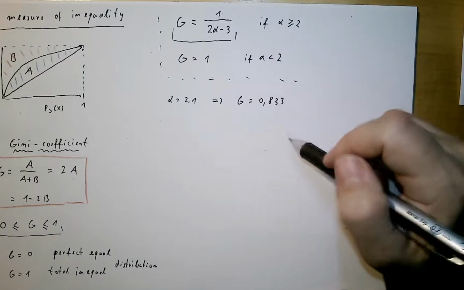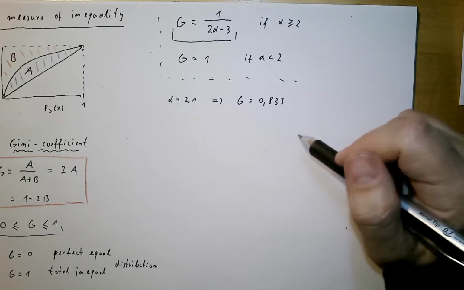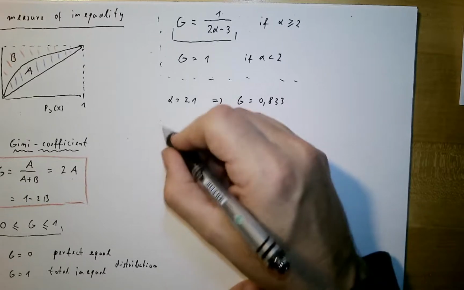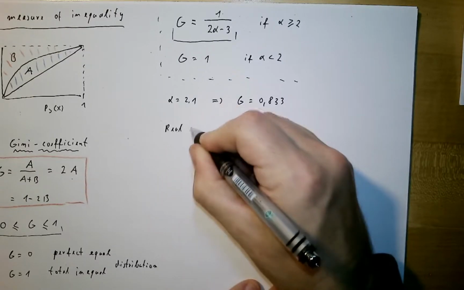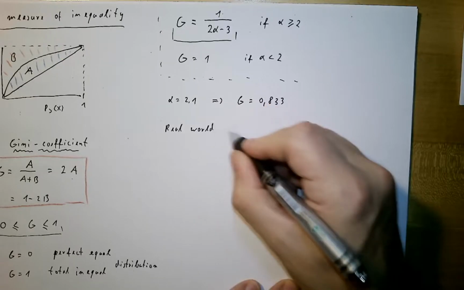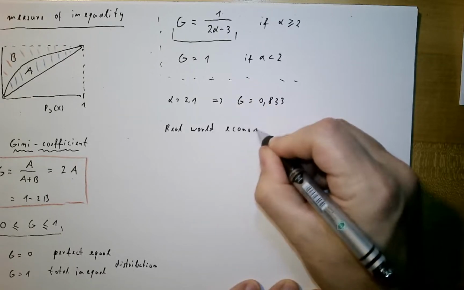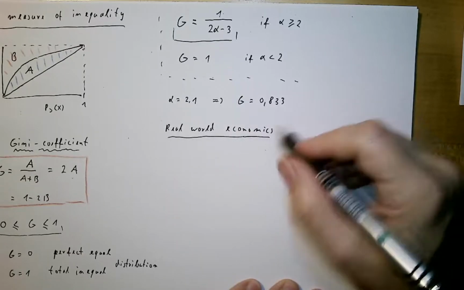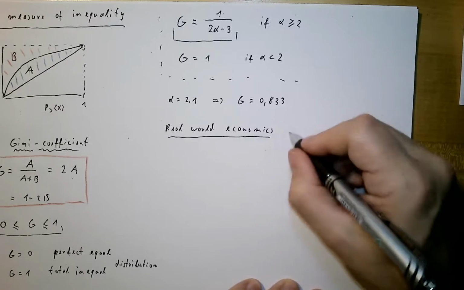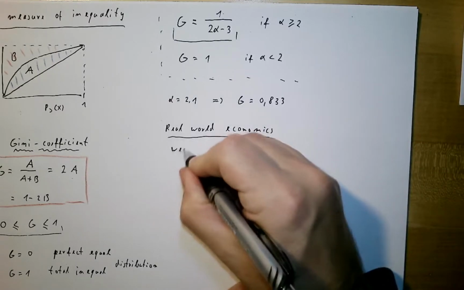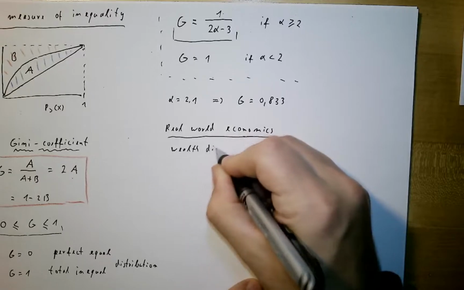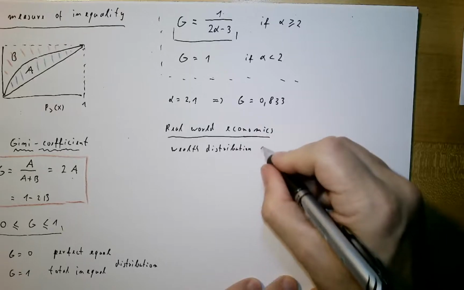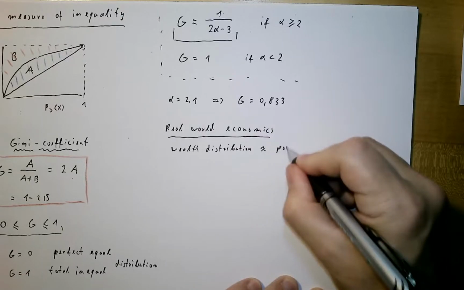And now we can look at real world economics. The wealth distribution is approximately power law distributed.